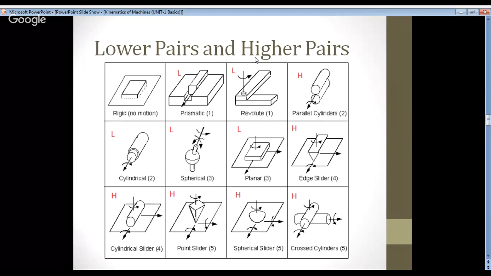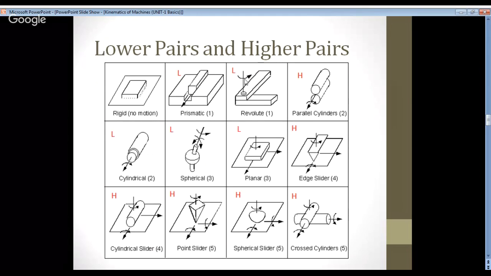So in this slide, you can see that there are 9 figures in which L and H is mentioned. L stands for lower pair and H stands for higher pair. Whenever there is a surface contact, either in the prismatic one or the revolute one, there is a surface to surface contact between the groove and this object, which is moving in one direction only.